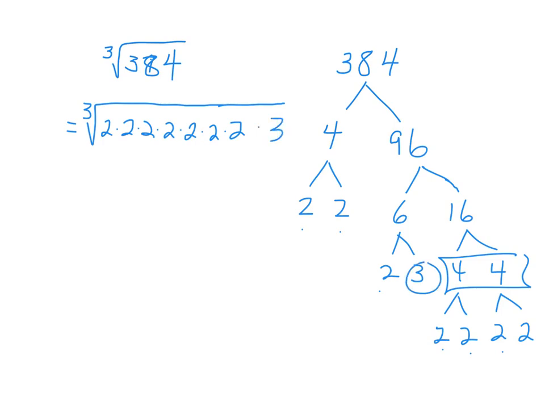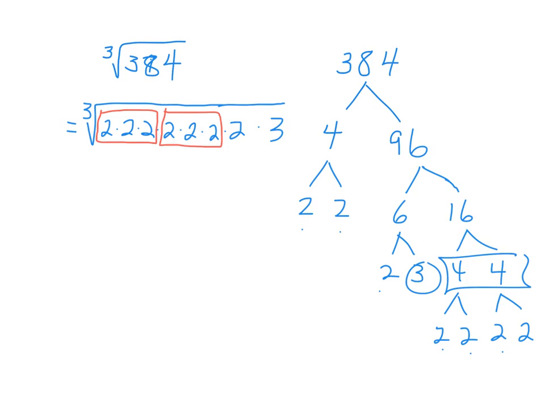So now, since we're doing a cube root this time, it's not pairs we need, it's triples. So we're looking for 3 of a kind. I sound like I'm playing poker. Since we're doing a cube root, we need 3 of a kind in order to break one of them out.